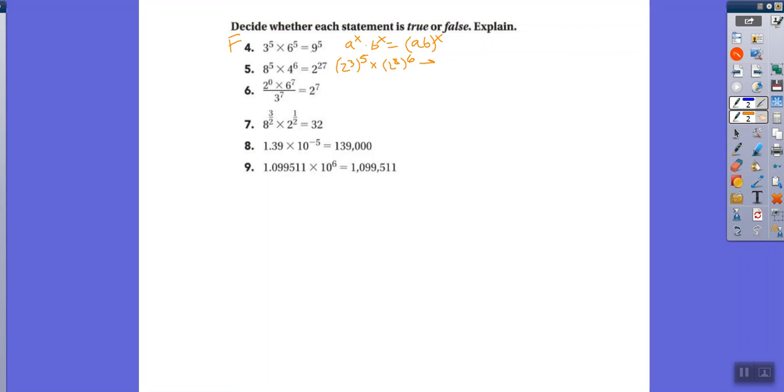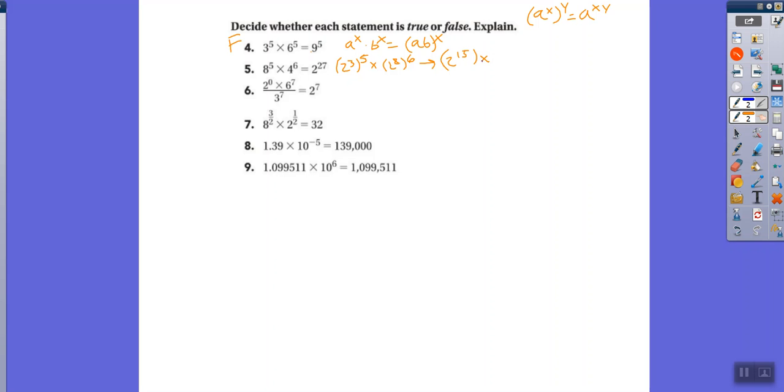All right. Well, this reminds me of the rule that says a to the x to the y power is equal to a to the xy power, so you multiply them. So let's go ahead and multiply these. 3 times 5 is 15, so we have 2 to the 15th.